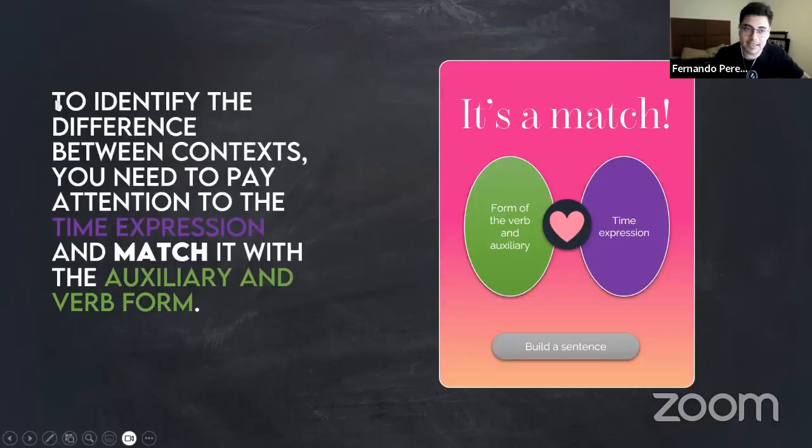In previous classes, to identify the difference between contexts, you need to pay attention to the time expression, and match it with the auxiliary and the verb.